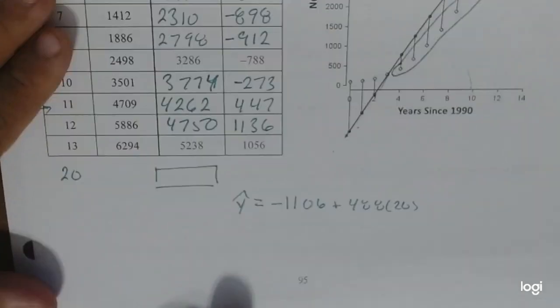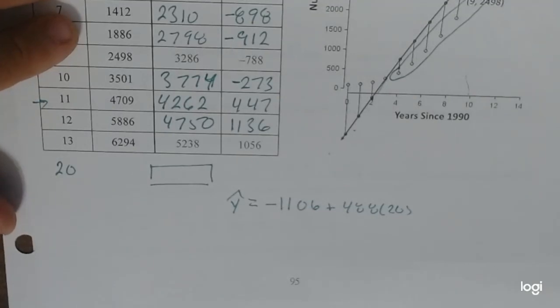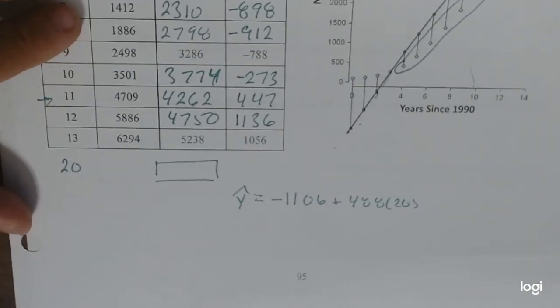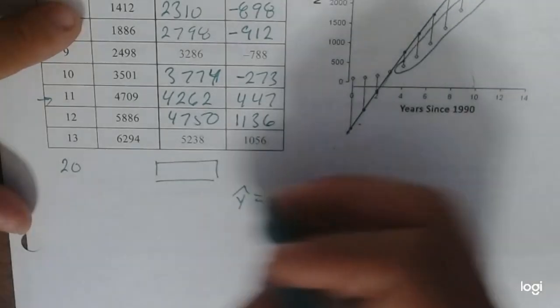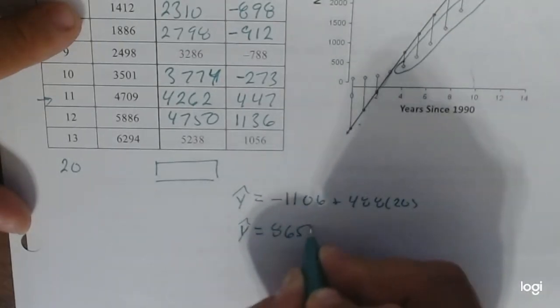In 20 years after 1990, how many Starbucks stores do you expect this company to actually pop up? So they expect about 8,654.